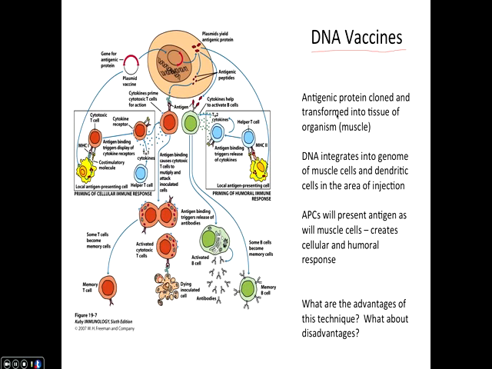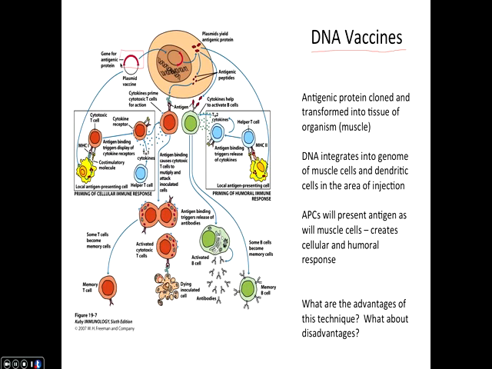DNA vaccines follow the same idea as what we talked about. You're trying to get epitopes. You clone out antigenic proteins from a particular pathogen, targeting sections of the pathogenic organism that you feel will be highly antigenic.